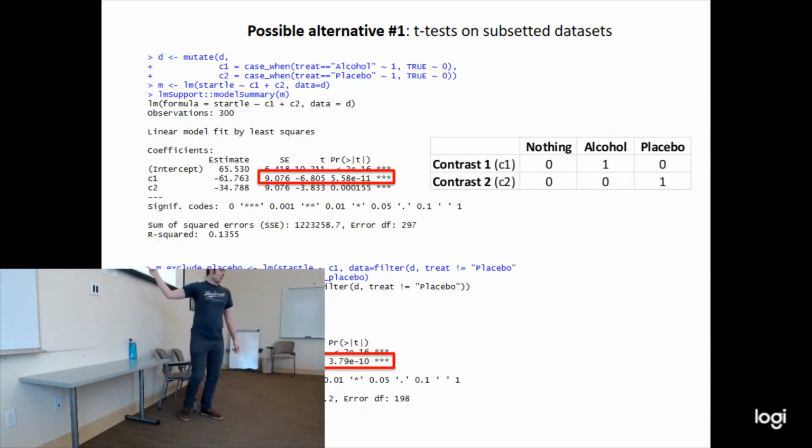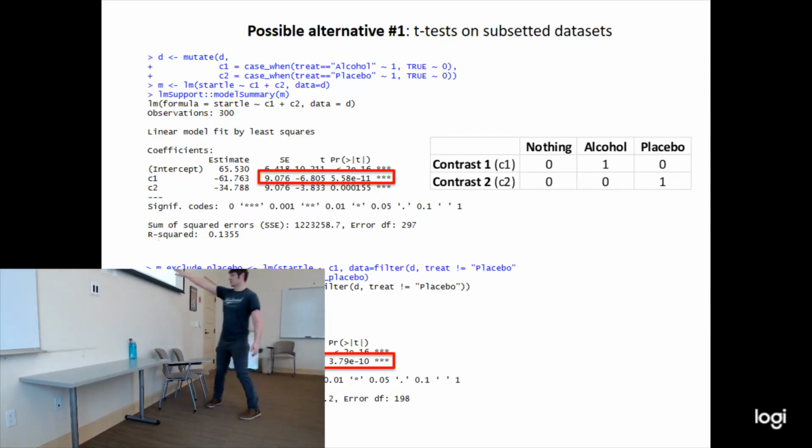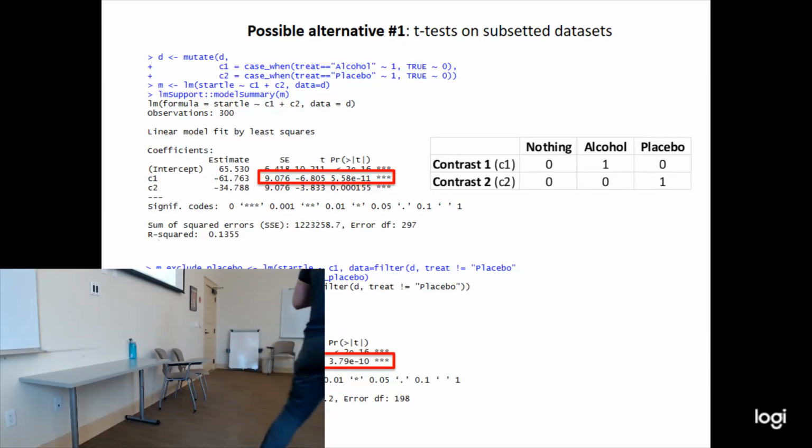In the model down here, we've deleted 100 observations from our data set. This is one of the main factors that determines how large our standard error is. In general, if you have more observations, you'll have a smaller standard error. So that's one effect.